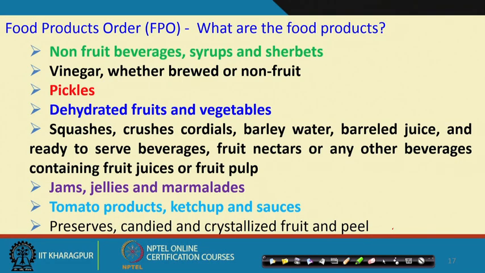Candied and crystallized, most of the candied are crystallized, right, and fruit peel in many cases, like in marmalade. For example, orange peel is used for marmalade, and that is called orange marmalade.